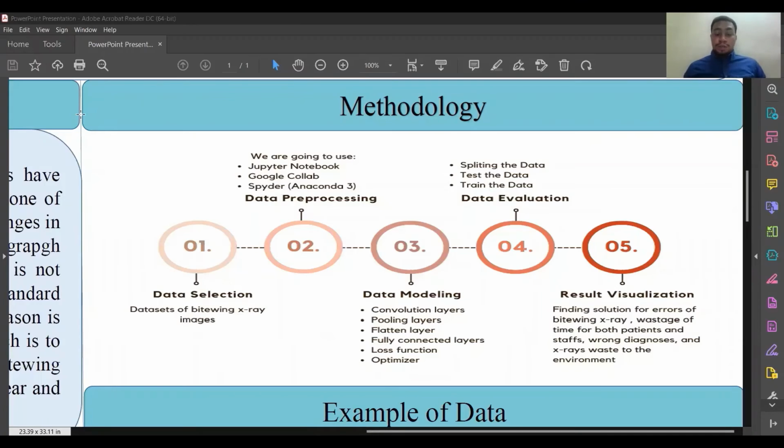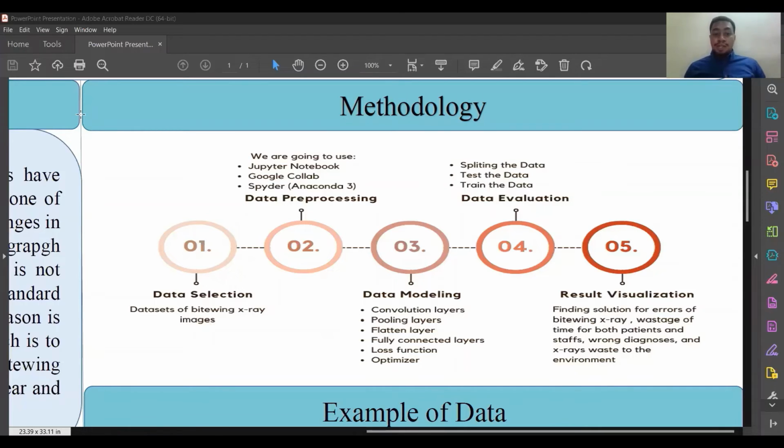To continue with the methodology, the first step is to select the data, which are some sets of X-ray images. The second step is data preprocessing.